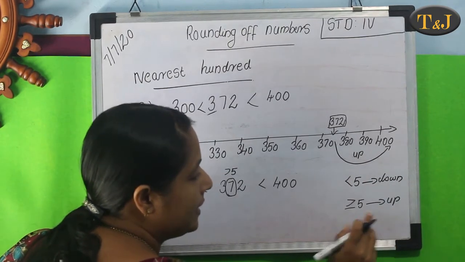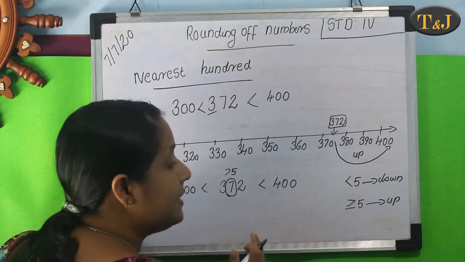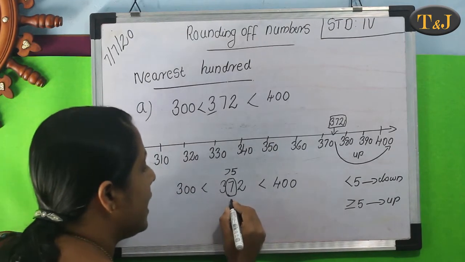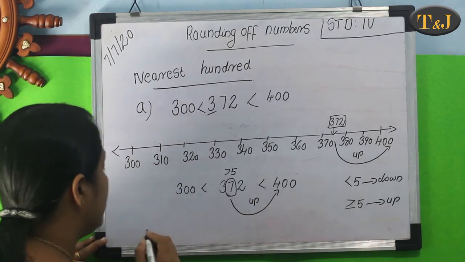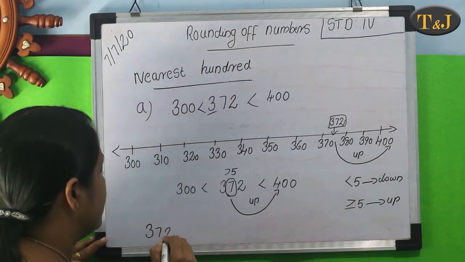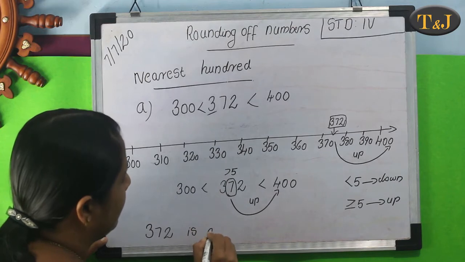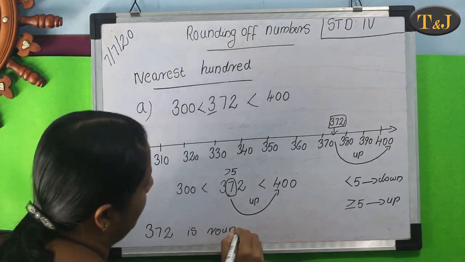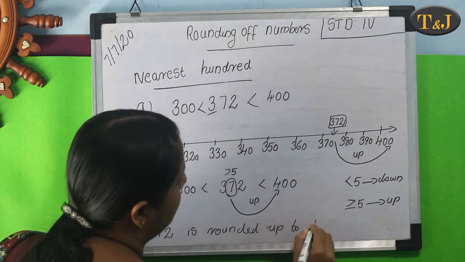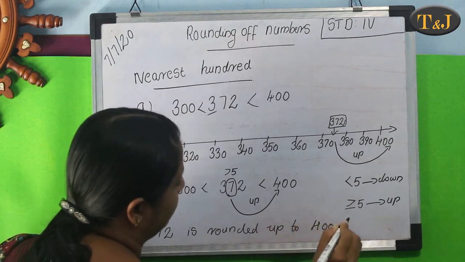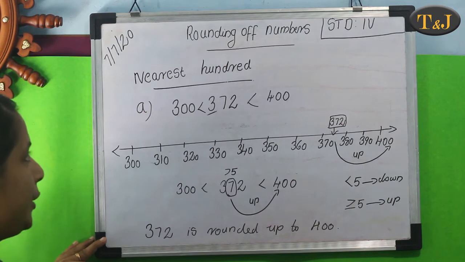Yes, it is in the up category, because 7 is greater than 5. Therefore 372 is rounded up to 400.